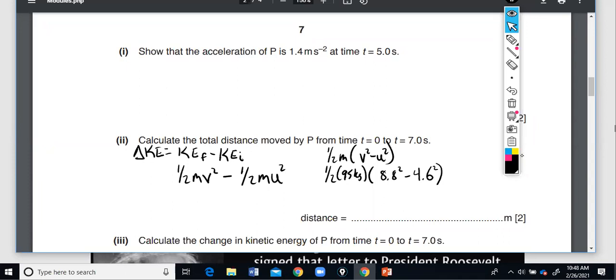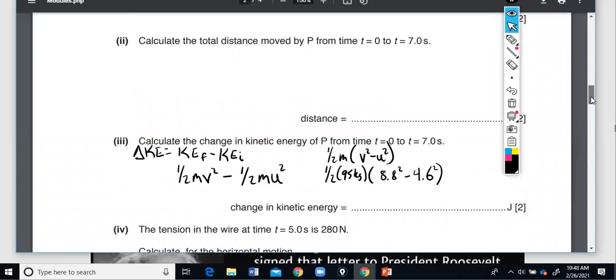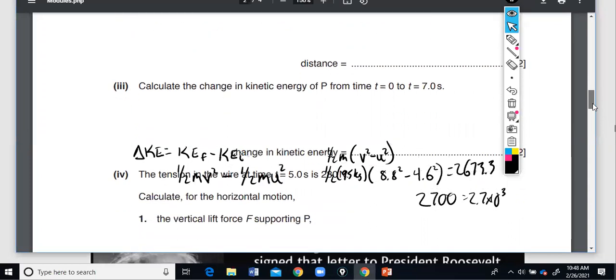I'm getting a calculator value of 2673.3. So we should maybe call this 2700 or 2.7 by 10 to the 3. So one of those answers. We'll check it in the mark scheme in a second.